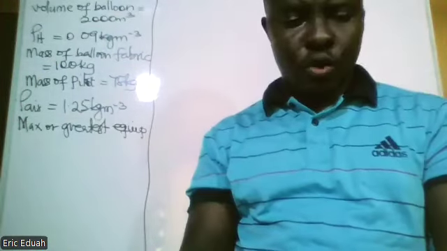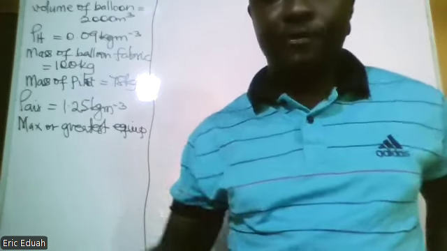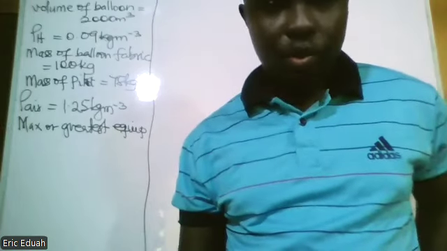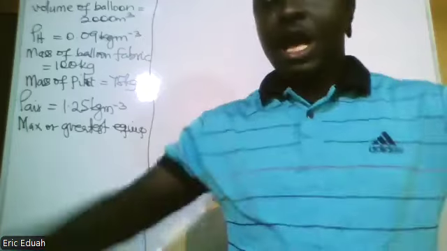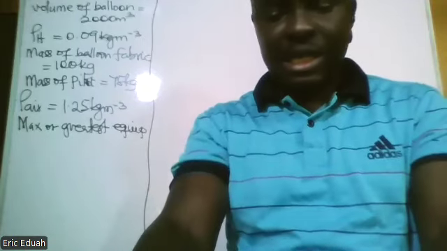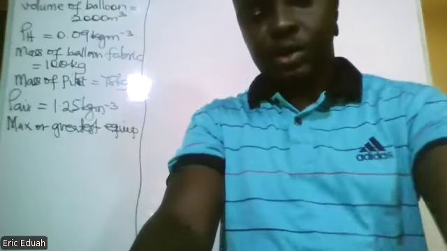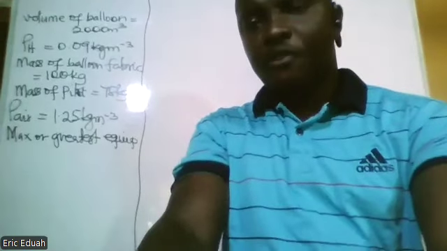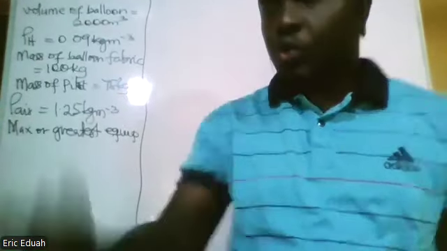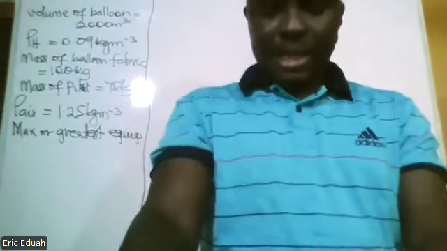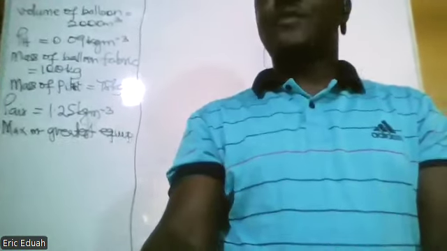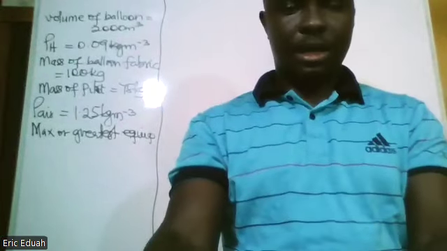Now, in fact, we all know that the hot air balloon operates under the principle of flotation. What is the principle of flotation? A floating body displaces its own weight of fluid on which it floats. Or for a body to float, we all know two things: its weight of everything within the balloon.